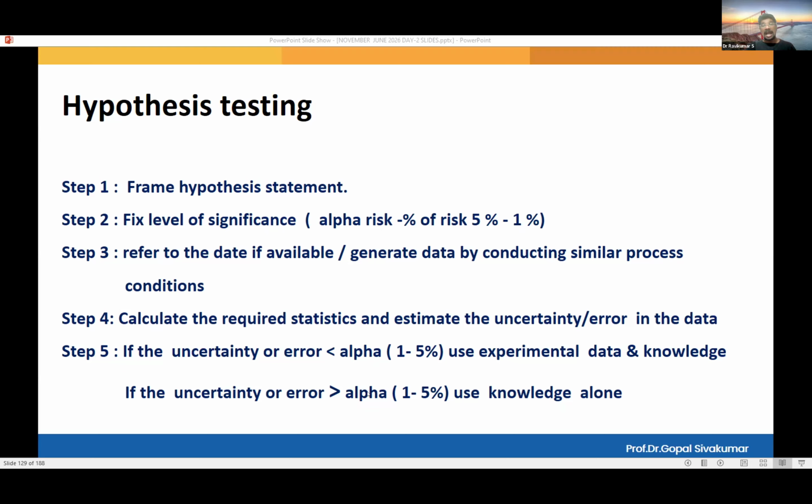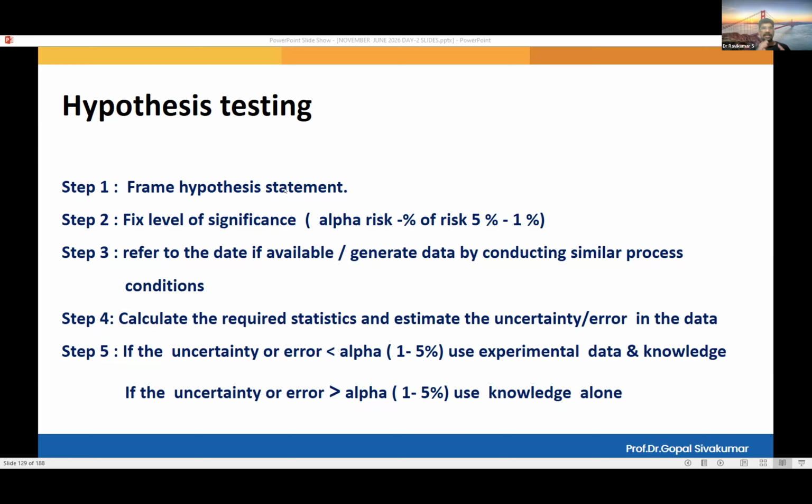If the alpha value is more than the one fixed by you, then use your process knowledge alone. It means that cause may not be the correct one. That is the actual reason. But here what we are concluding is you can use your process knowledge in this case. That is what we are going to do in the hypothesis testing.